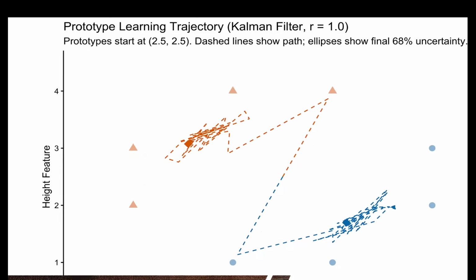Okay. And then we can simulate a trajectory of these Kalman filters in the specific static setup that I've shown you. They start at center, and then they see these specific exemplars. So they completely move their representation of the prototype here. Then they see these exemplars, and they move less so, right?